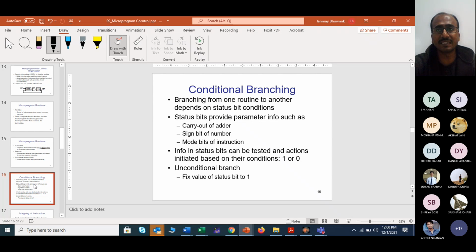But once you are getting this condition, this condition may be true, may be false, right? So that means you need some status bit, whether your branch instruction is accepting this, or your branch instruction is not accepting this particular condition. So several conditions like this can be there, right?